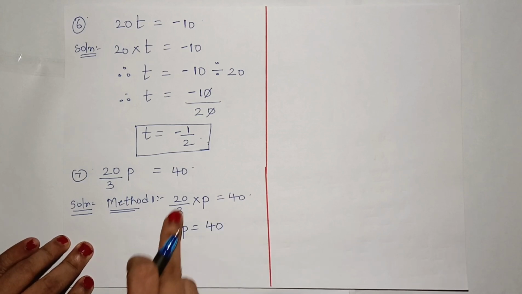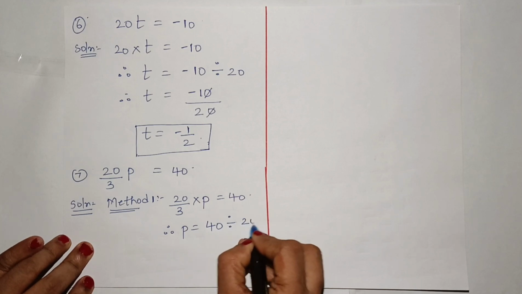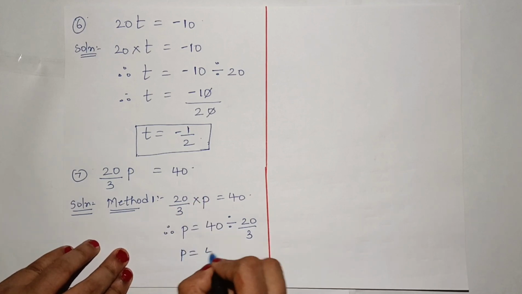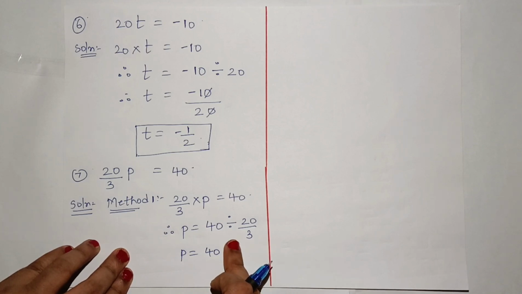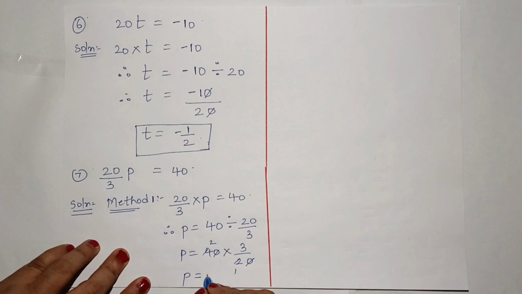First write 40. 20 by 3, when you shift it to that side, it becomes what? Divide, correct? Because it is multiplication. So, P equals 40 into the reciprocal, as we have learnt in fractions. Are you understanding? 2 ones are 2, 2 twos are 4. It means your answer is 2 threes are 6, correct?